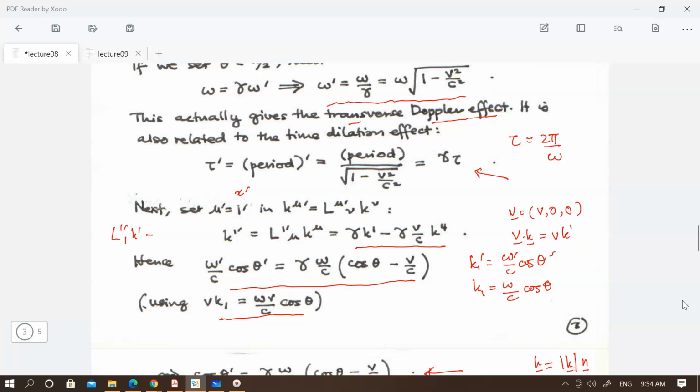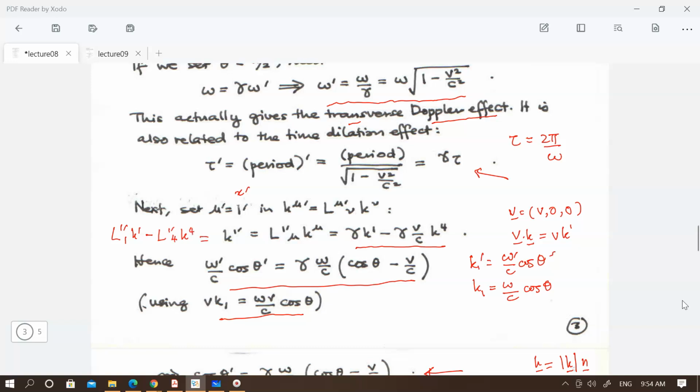So remember that your components for your L only exist in the first row or first column, and the fourth row and the fourth column. So this becomes L1 dash 4 k4.